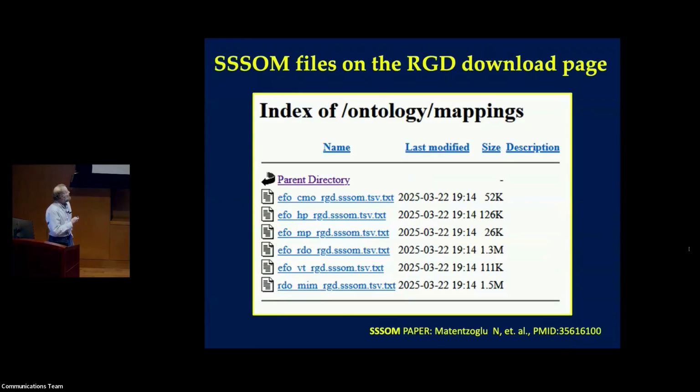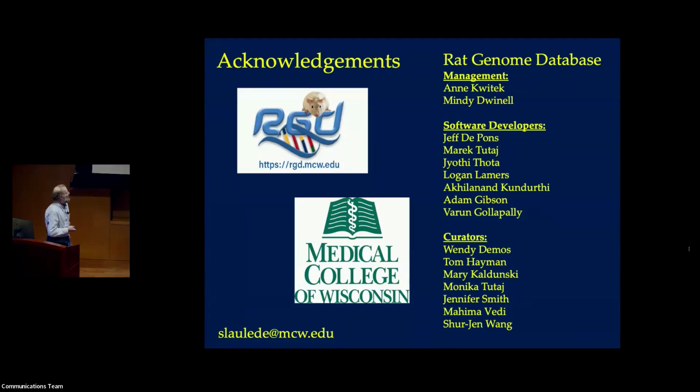If you're not familiar with the SSOM standard, it was a standard that was created for ontology matching, and it was published a few years ago in a paper by Matt Zolu et al. And if you're interested in ontology matching, you should check that out. So thanks to all the members of RGD who helped with all that work.